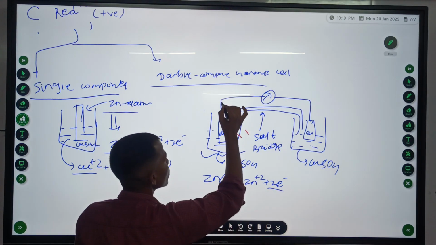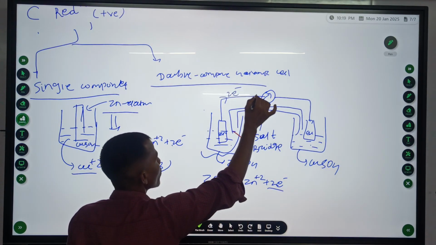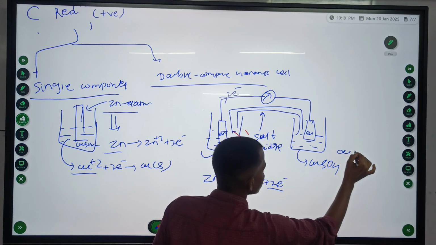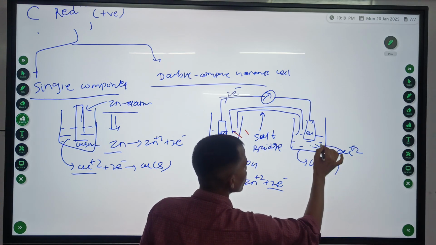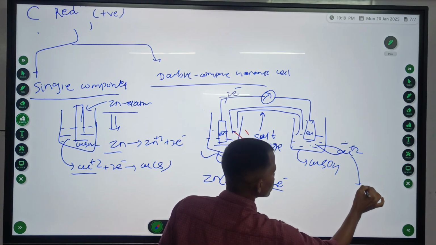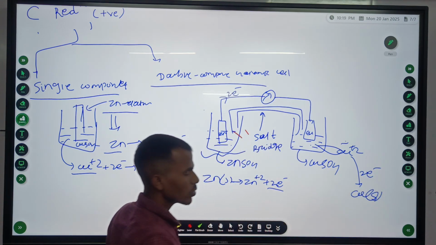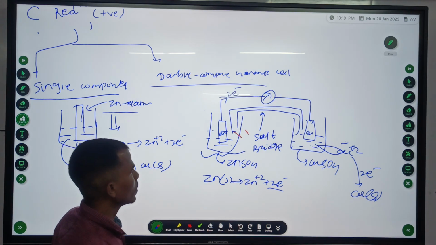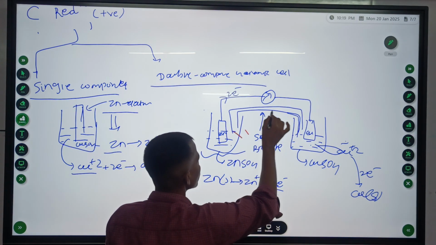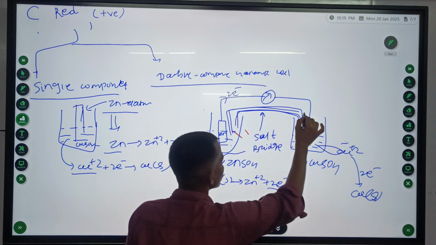These 2 electrons go through the external wire, and here the Cu2+ present in the solution consumes these 2 electrons to form copper, and internally the circuit is completed by the salt bridge.